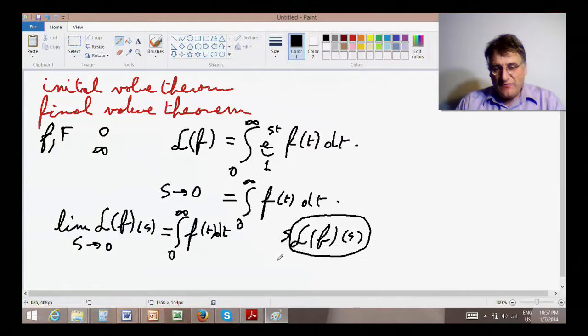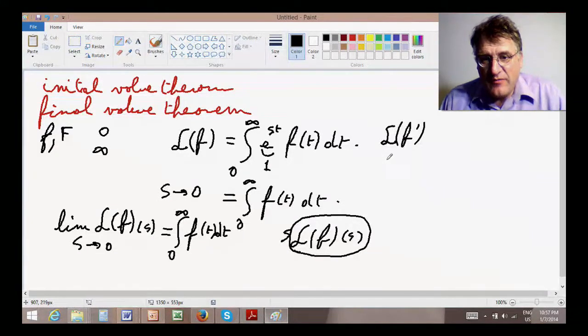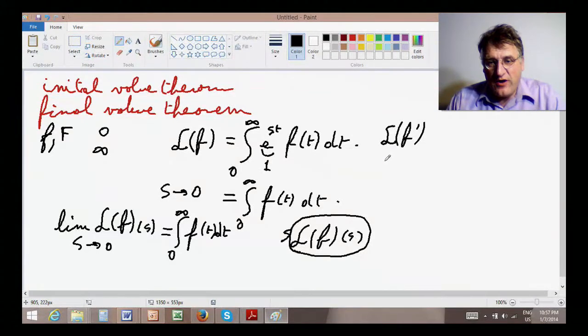Well, you may remember that we had some interesting views on the value of the Laplace transform of f prime. If I remember, the Laplace transform of f prime was simply the integral from 0 to infinity of e to the minus st times f prime of t dt.